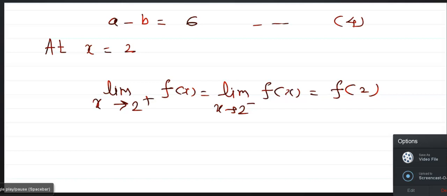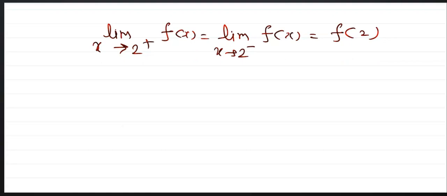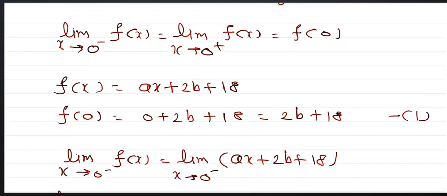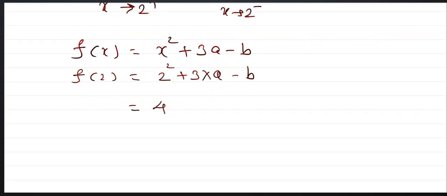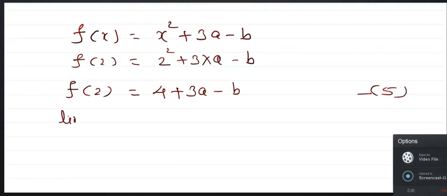Now the right hand side limit is equal to the left hand side limit is equal to f of 2. Therefore f of x is equal to x square plus 3a minus b. F of 2 is equal to 2 square plus 3a minus b, that is 4 plus 3a minus b. Therefore f of 2 is equal to 4 plus 3a minus b. This is equation number 5.